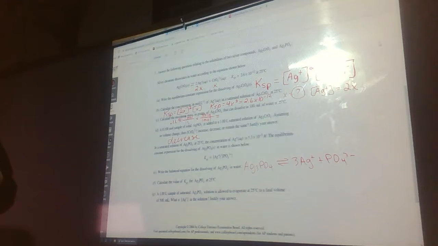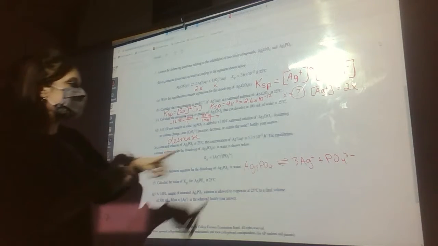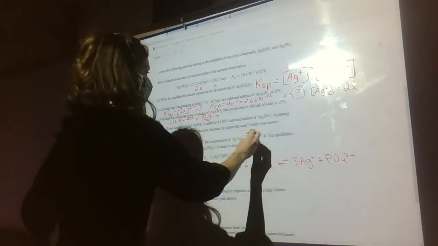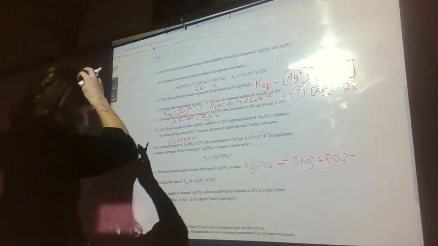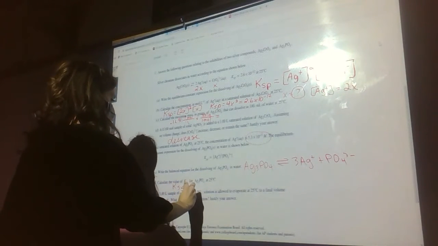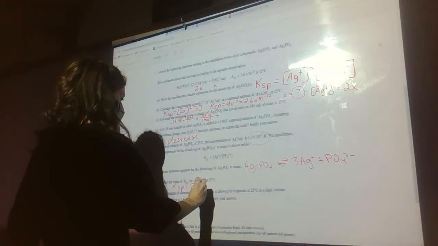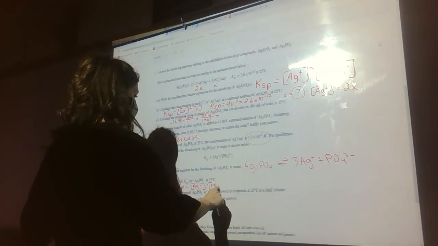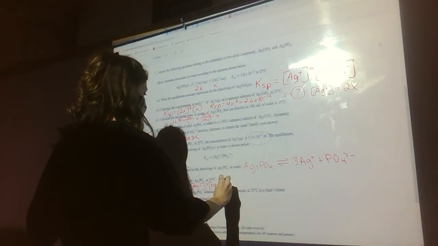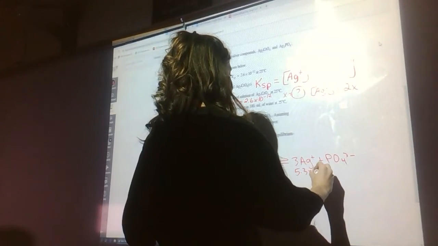Calculate the value of KSP for silver phosphate. So they give me silver, and I need phosphate. So KSP equals silver cubed times phosphate. They gave me silver as 5.3 times 10 to the negative fifth.